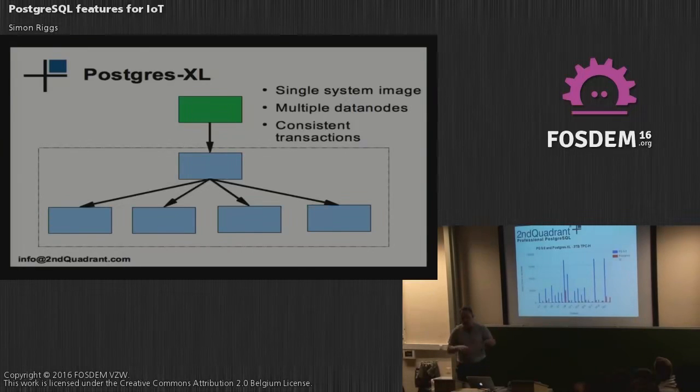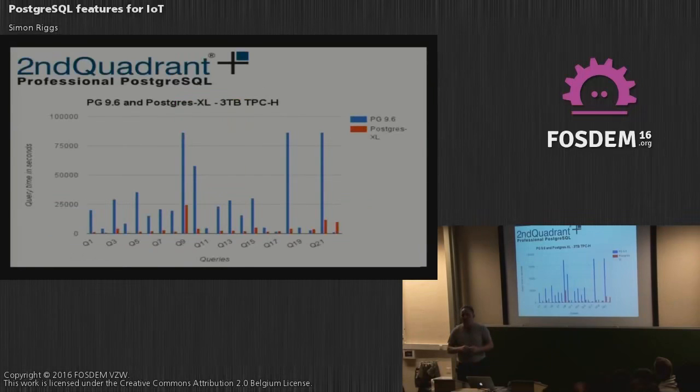And the red lines are the performance of Stgresql. The upshot of that is on a 16 node cluster, we got quite a few of those queries going 16 times faster. The more complex queries, in some cases the performance dropped to like 4 or 8 times, but overall we've got some very good performance.